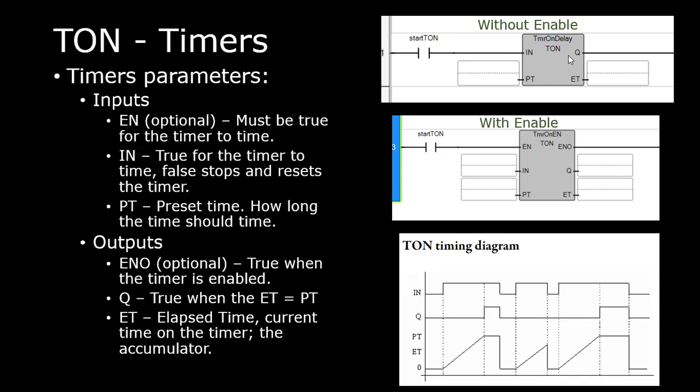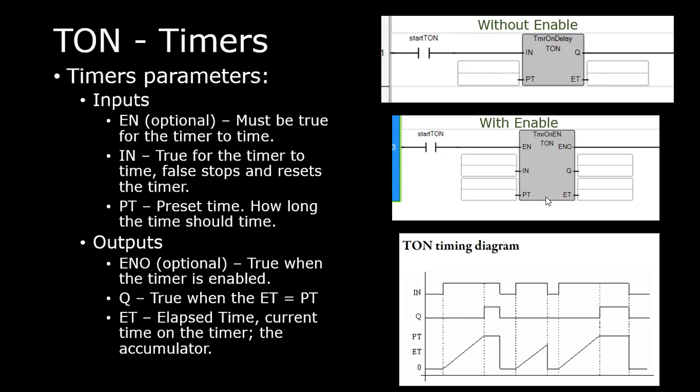So that bit will turn on when the elapsed time, the ET, is equal to the preset. So that's basically the done bit of the timer. And the ET is the elapsed time of the timer. In other words, it's the accumulator of the timer, and it will show the current time on that timer.